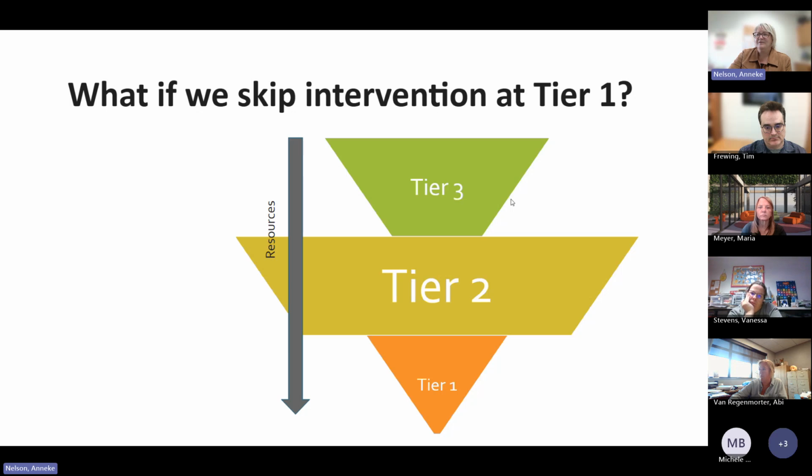I talked a little bit about this, but it's really important again that we intervene at tier 1. If not, we just end up with too many students at tier 2, which is very, very heavily resource driven. All of our resources end up getting expended at tier 2, and often resources meaning time, effort, those sort of things, not necessarily always money.